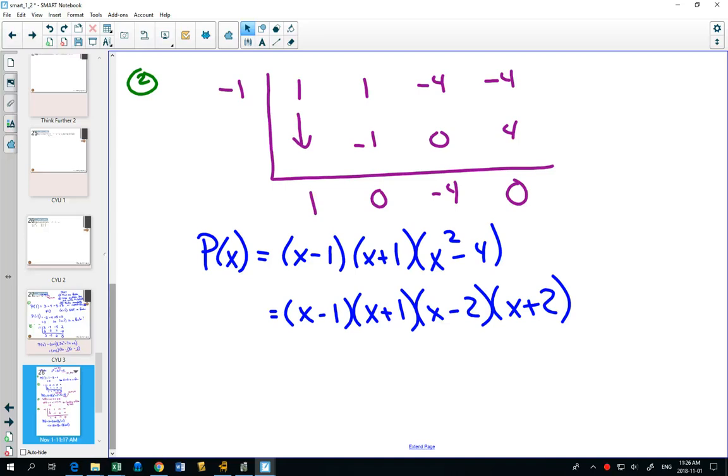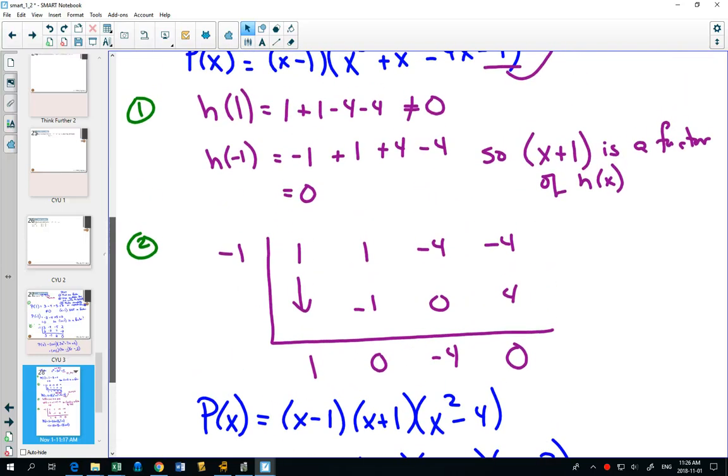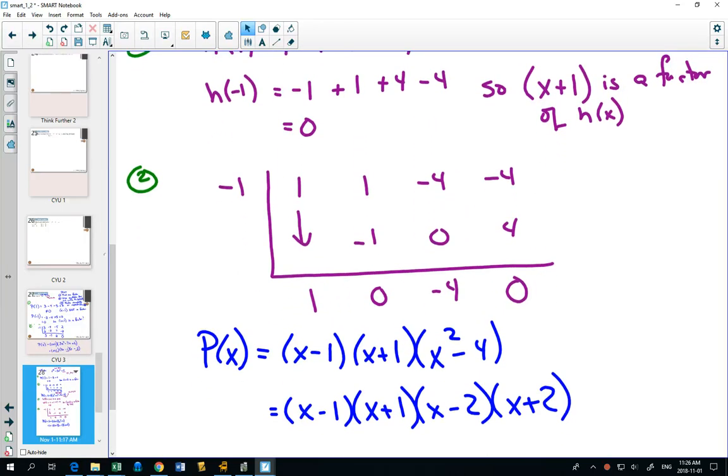Questions for practice? Where did this x plus 1 come from? That one came from here. We just found out it's a factor.